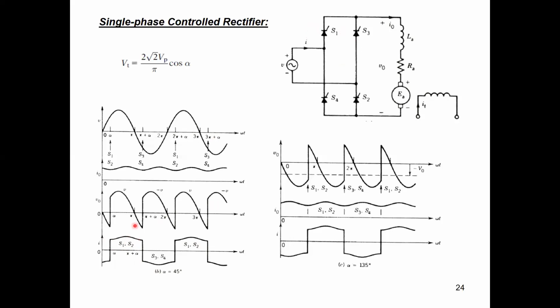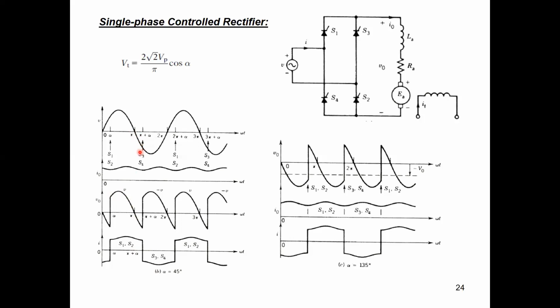As you can see, here is the output voltage, and this is the supply voltage. From the instant of pi, which is 180 degrees, the voltage starts to reverse across the terminals of S1. However, because there is a current inside the thyristor, it will not be turned off.